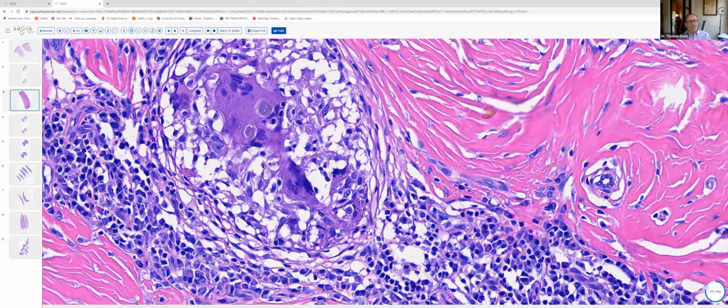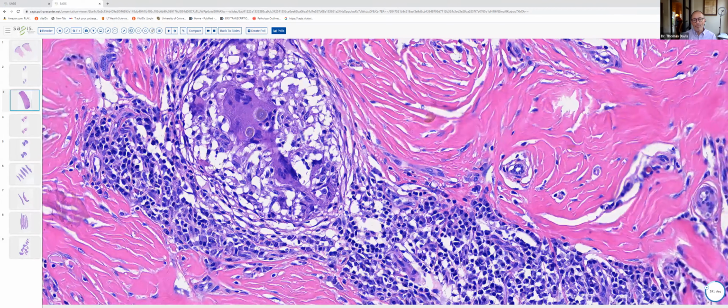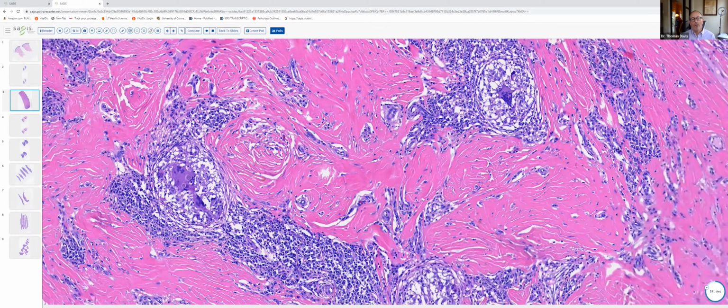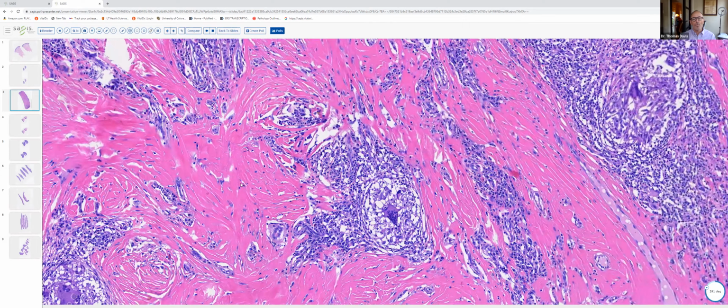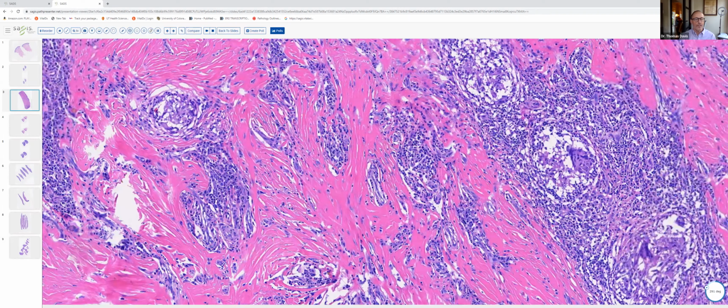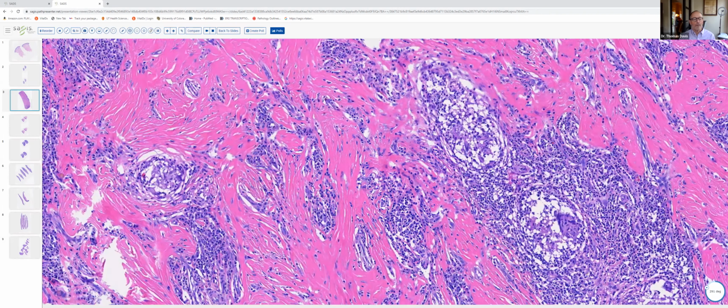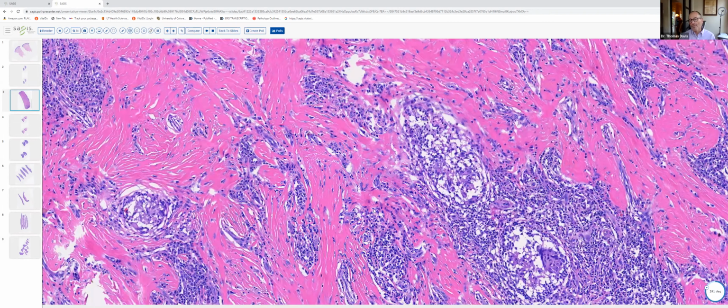And you can see these spherules are surrounded by a somewhat homogeneous refractile wall. And the organisms themselves have this lacy blue-gray cytoplasm. I think there were a couple of organisms here where I could see some endospores. Let's look around and find a couple more of the organisms here.